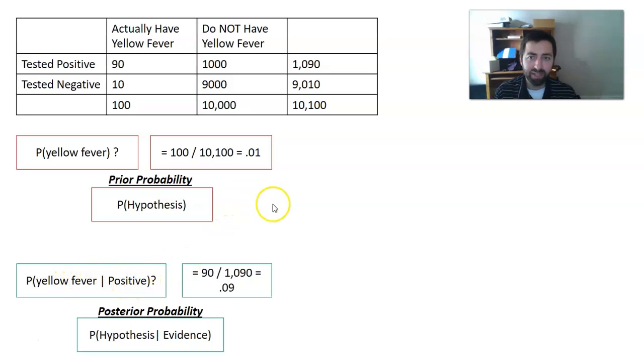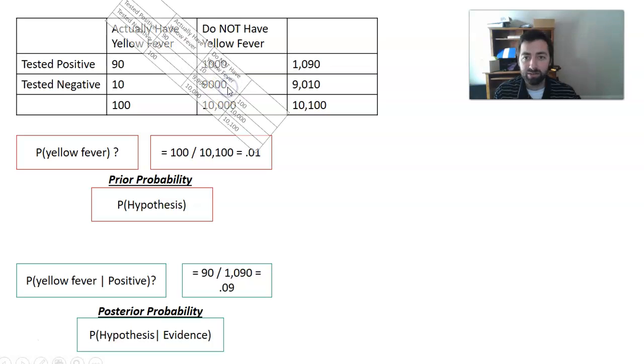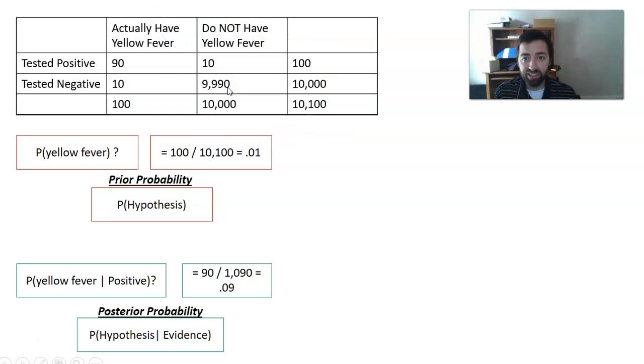Let me show you what I mean. Look at these numbers right here. This has to do with our false positivity rate, and what I can do is reduce these a lot. Notice the change now. Of the 10,000 people that don't have yellow fever, only 10 of them get a false positive.